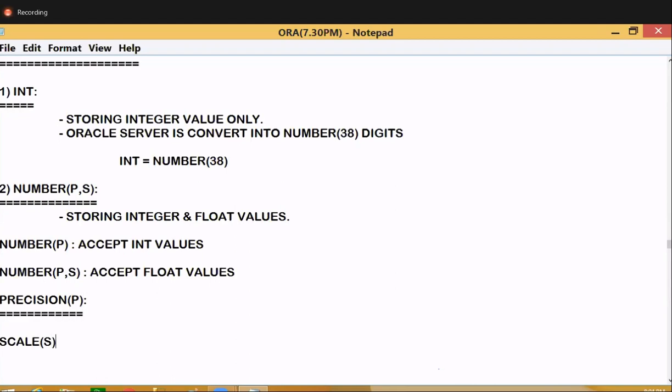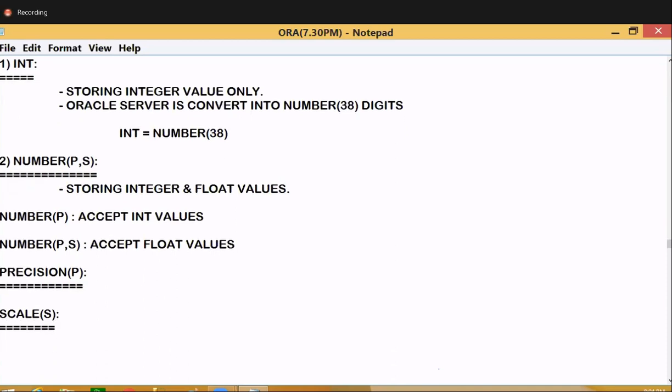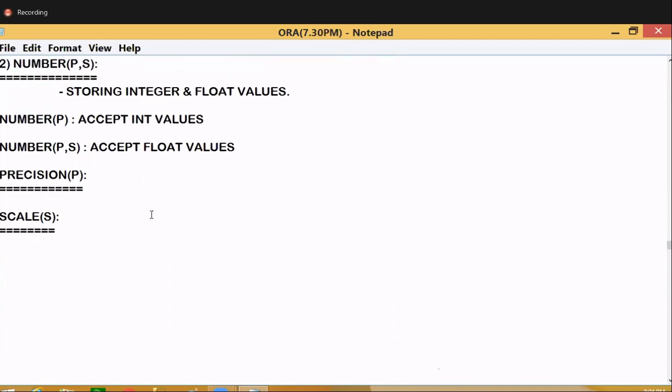Now let us see how we can identify precision and scale. Carefully observe. Precision is nothing but counting all digits in the given expression.